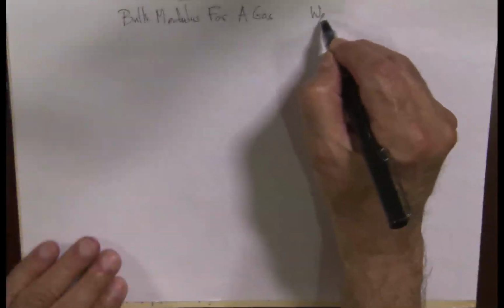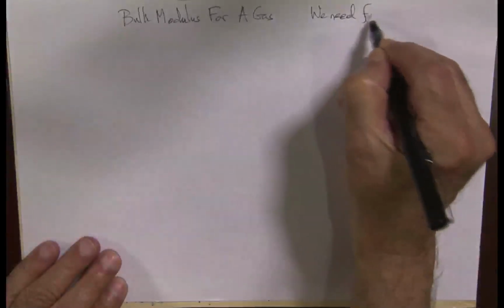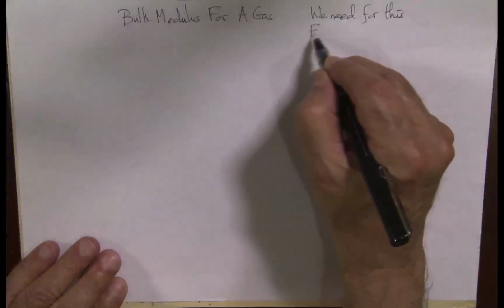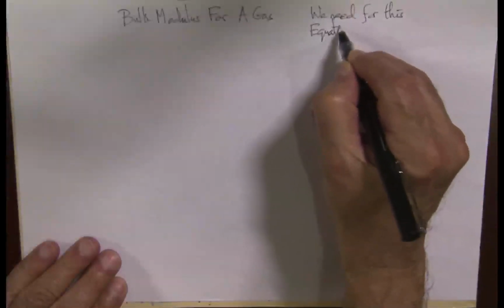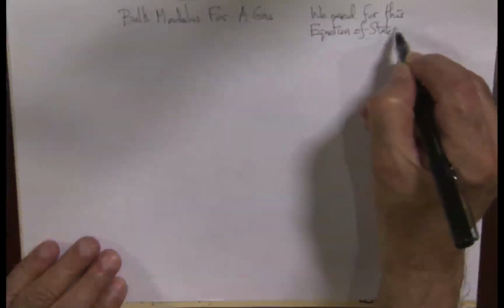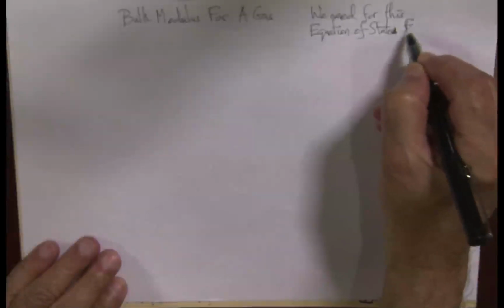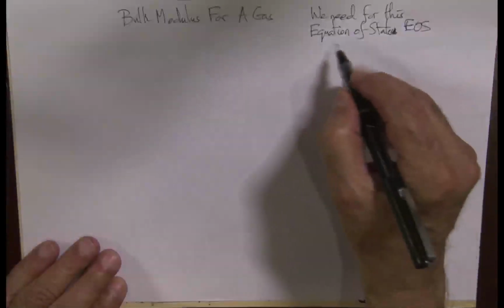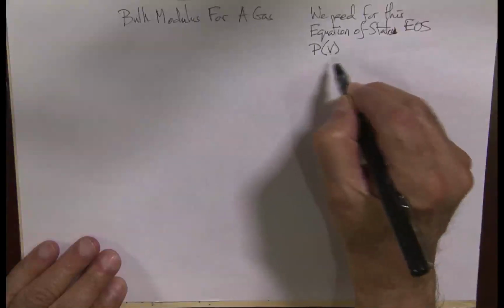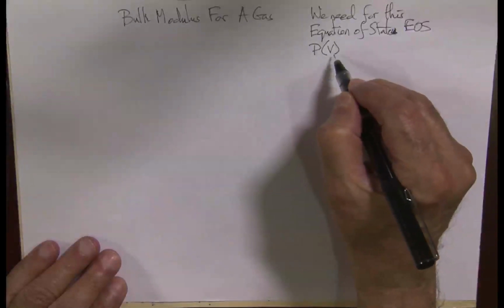So we need for this the equation of state. Equation of state, also called EOS, means that you know the pressure as a function of volume.